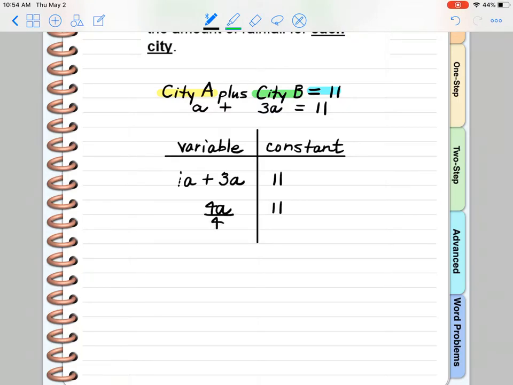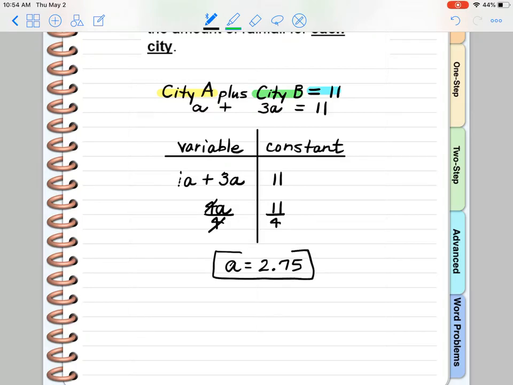So a is 11 divided by 4. And let's use the calculator. I just about made a mistake by doing this in my head. So A is 2.75. That's city A.